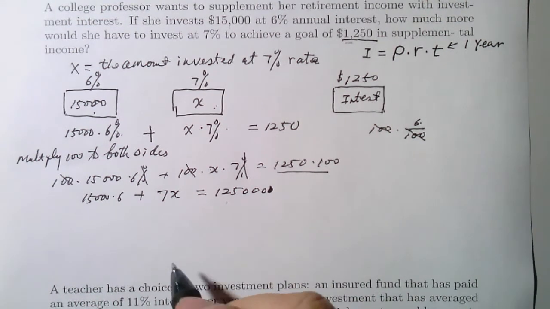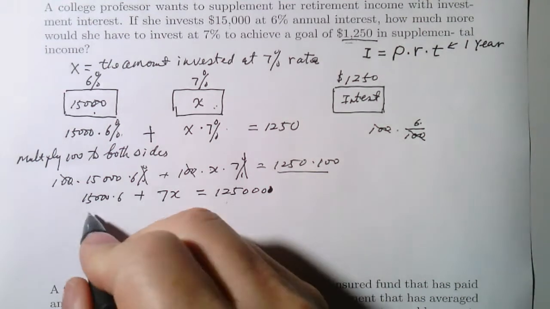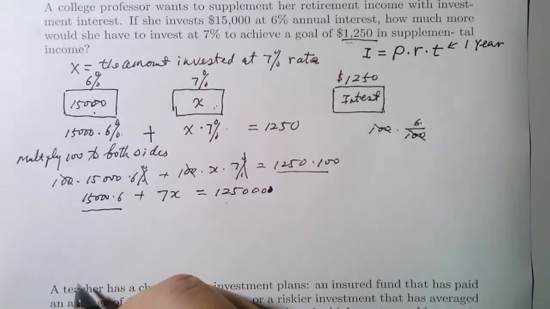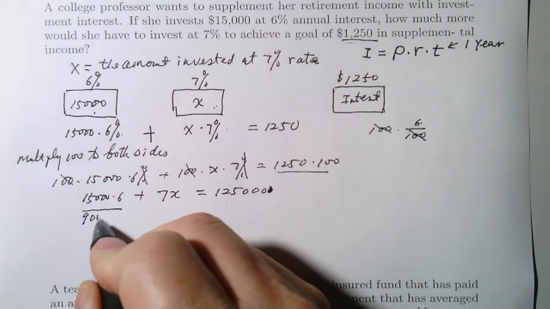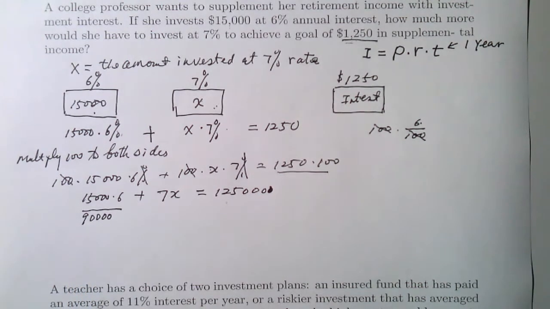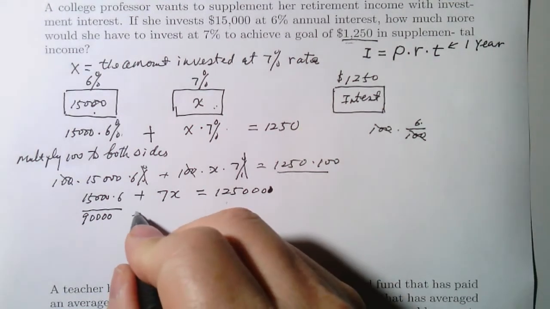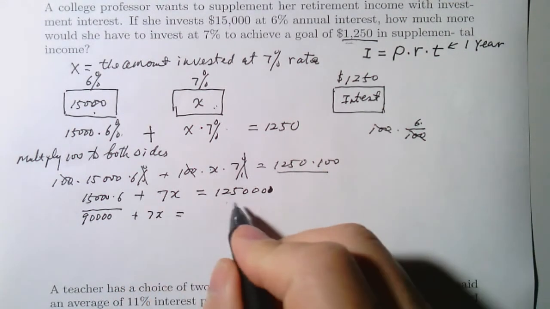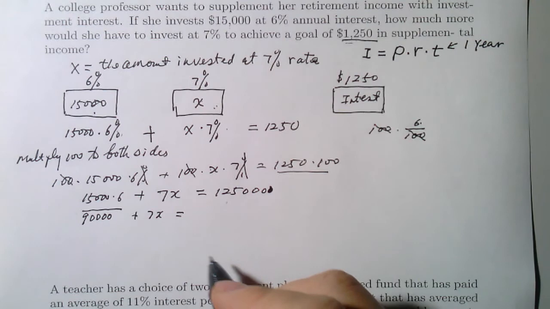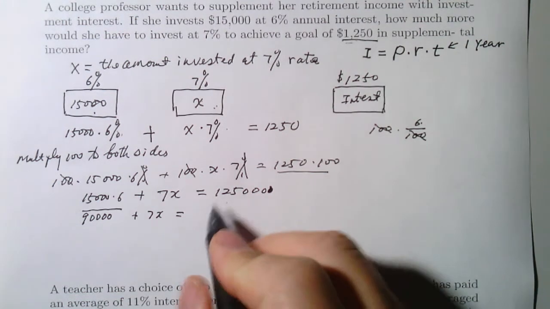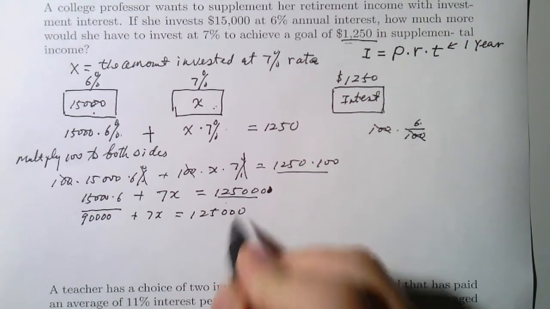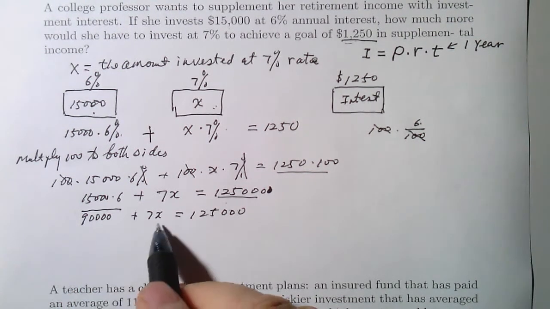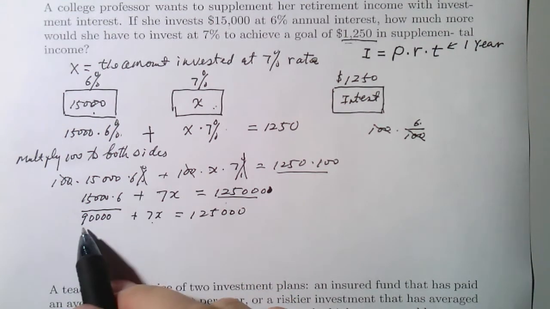So now I need to solve this equation. 15,000 times 6 multiplied together is 90,000, plus 7x, equals 125,000. To solve for x, subtract 90,000 from both sides.